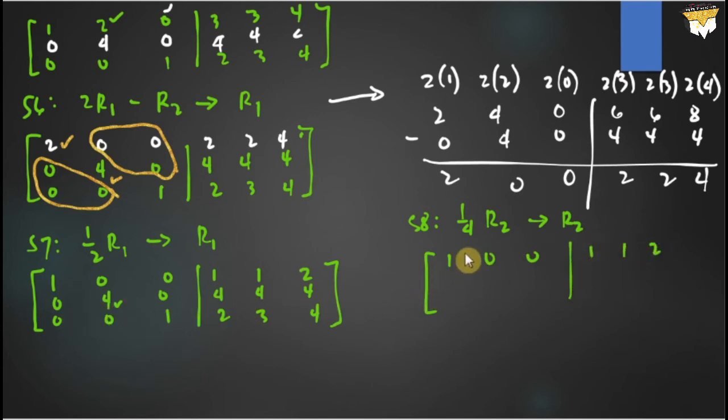Then, pag divide natin by 4, this will be 0. Divide by 4 will be 1. Then, still 0. Divide by 4 will be 1. Then, divide by 4 will be 1. Of course, this is also 1. And then, we have 0, 0, 1. Then, 2, 3, 4. Okay? So, yes, nakuha na natin. This is already the identity matrix of a 3 by 3 matrix.